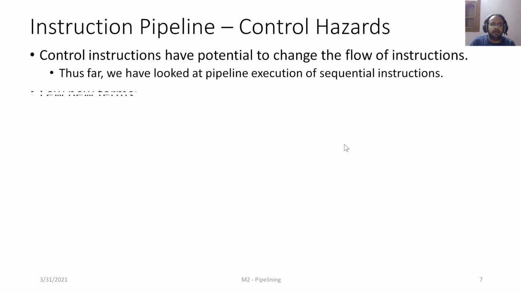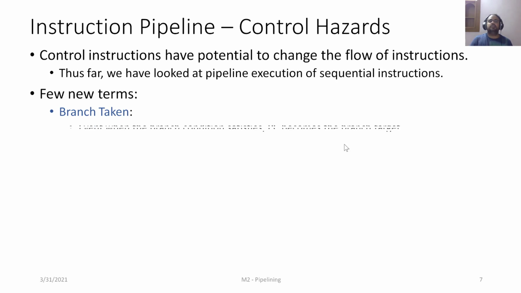Before that, a few new terms that I'm going to introduce you to. The first one is branch taken. What it means is, as the name says, the branch instruction is going to the target address, taking the target address as its next PC. What it means is the condition we have put in the branch is satisfied.